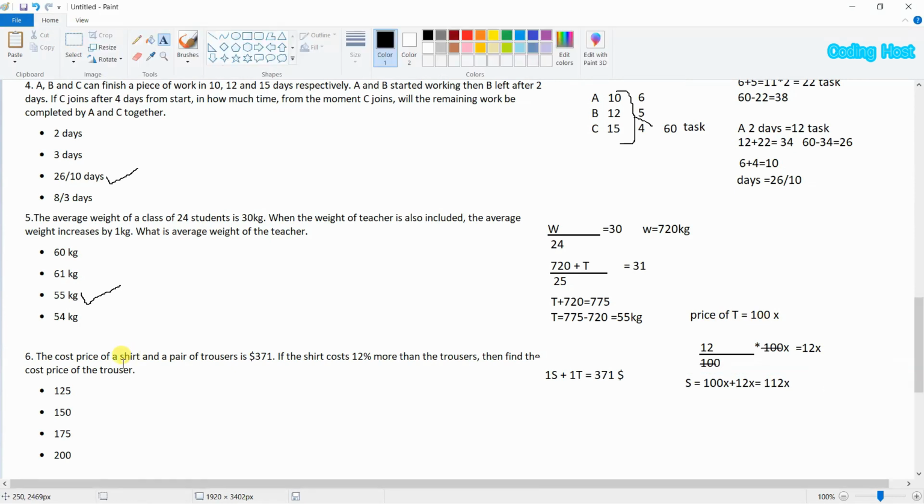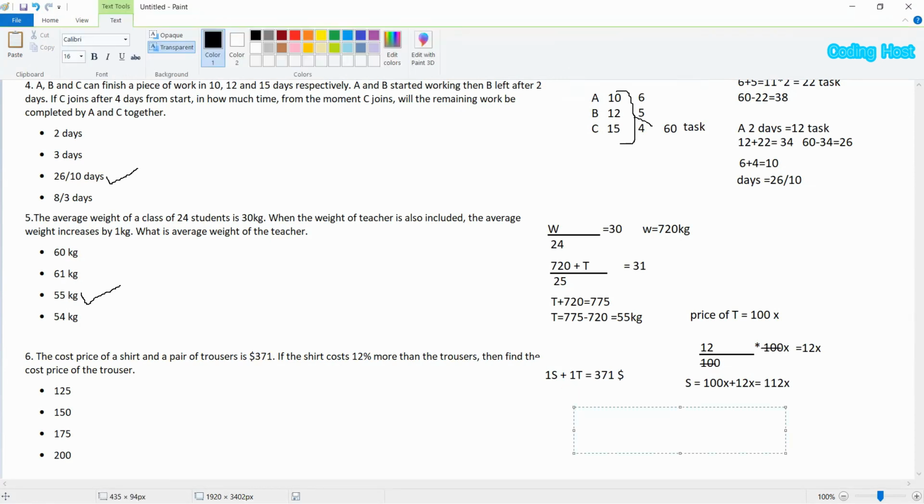Given that one shirt and a trouser price is $371, we can write it like this: 100x plus 112x is equal to 371. Now we have to find the value of x. So 100x plus 112x become 212x equal to 371. So the value of x is 371 divided by 212.